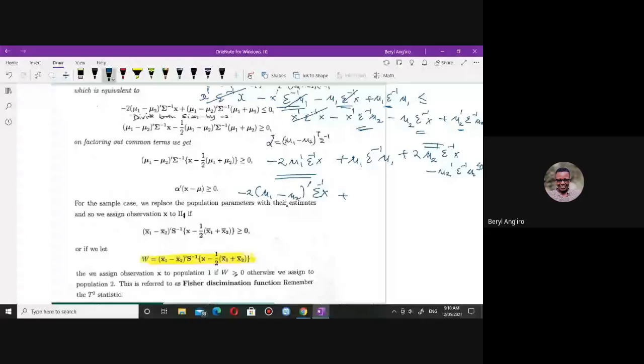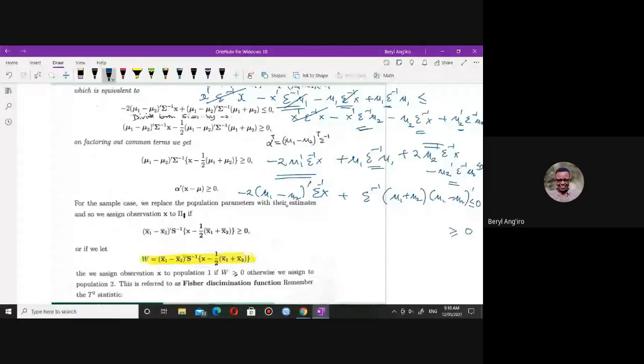We have sigma inverse is common, then we have (mu1 plus mu2) and (mu1 minus mu2) transpose. So this is less or equal to 0. If we divide both sides by minus 2, again this will change. Now we'll have greater or equal to 0.